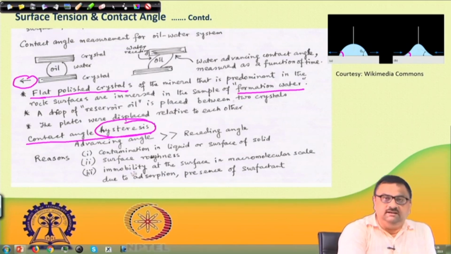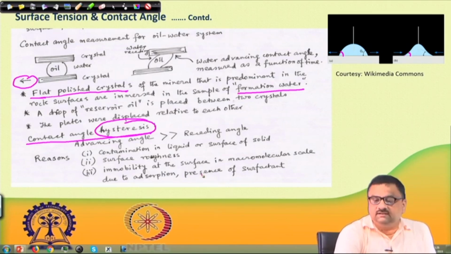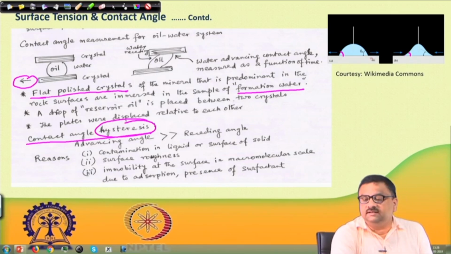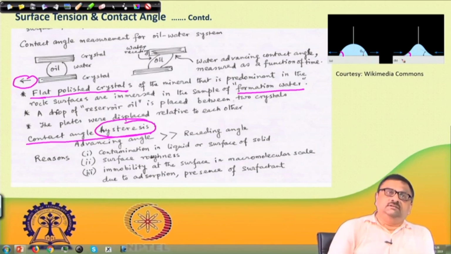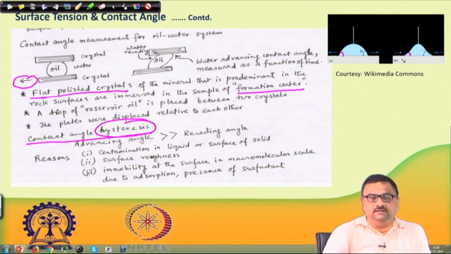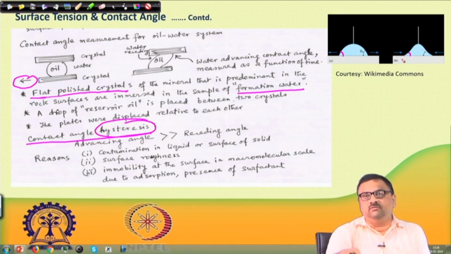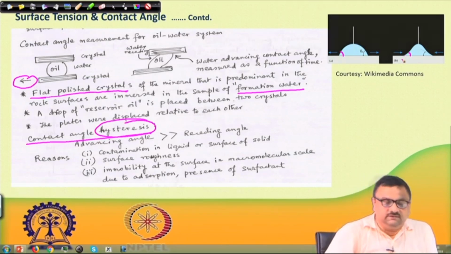So, because of many reasons, whether the liquid is being pushed or pulled, the contact angle can change. This aspect one must remember when we now define the two phase flow.